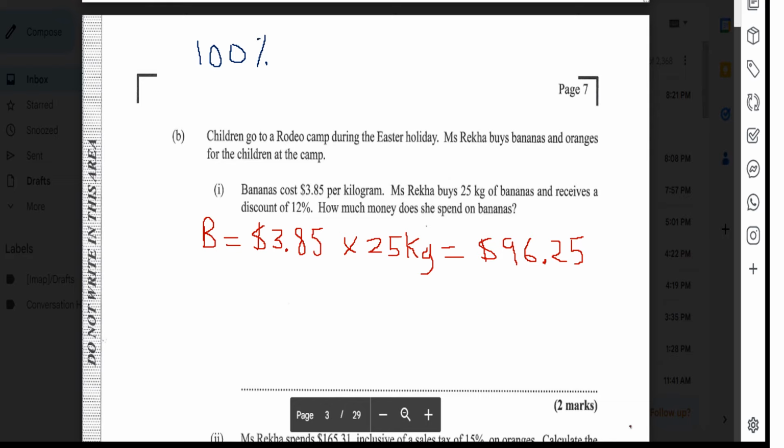But if we take off 12% as the discount, it will give us 88% of the full price.